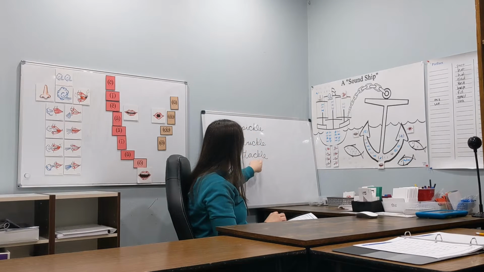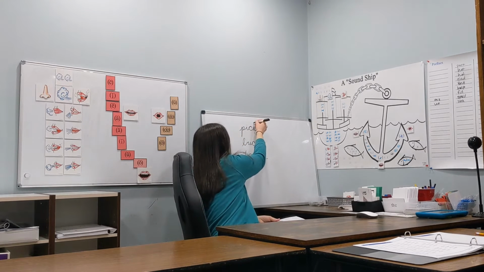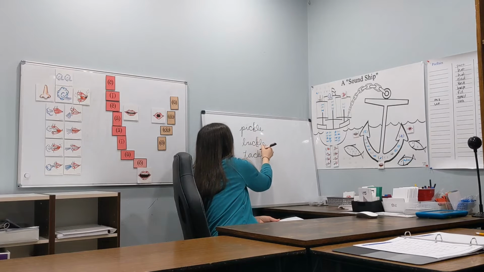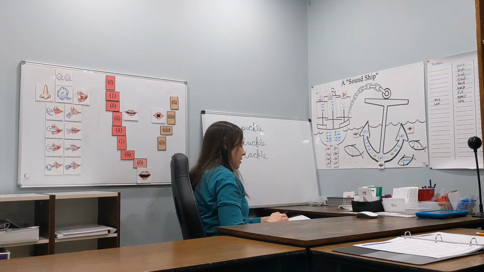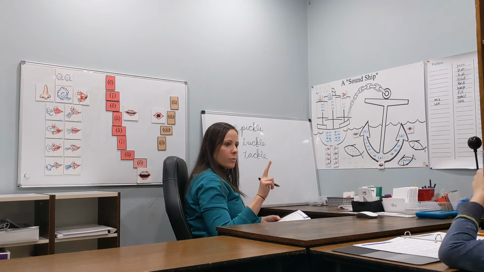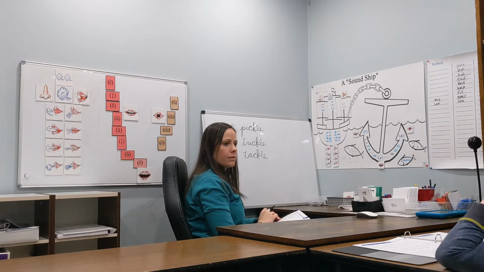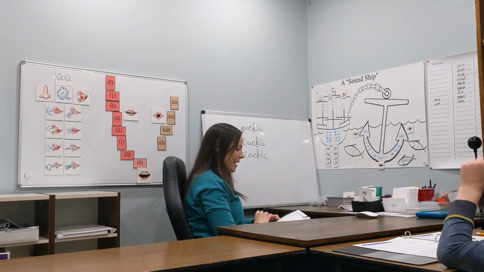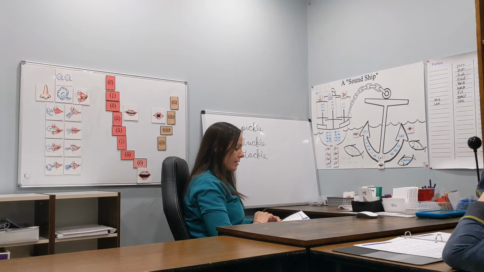Can you tell what the final stable syllable is? Yep, so it's K-L-E. That's our final stable syllable. And there's a C. Can K ever be doubled in the English language? Can we ever put two K's right next to each other? No. Good. I don't know if you knew that, but you can't put two K's next to each other.